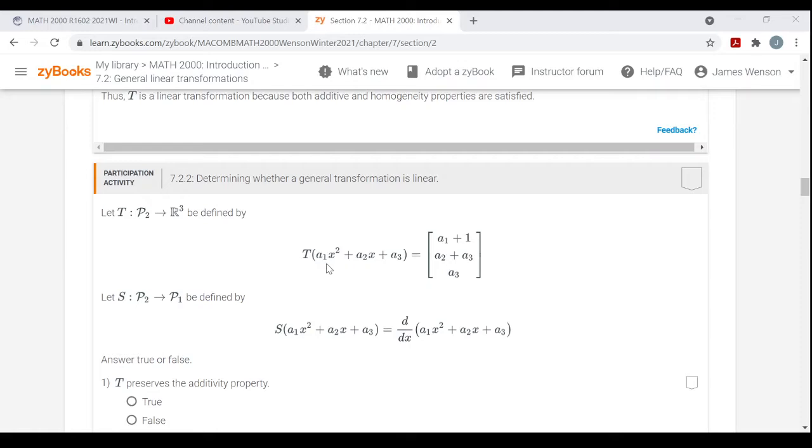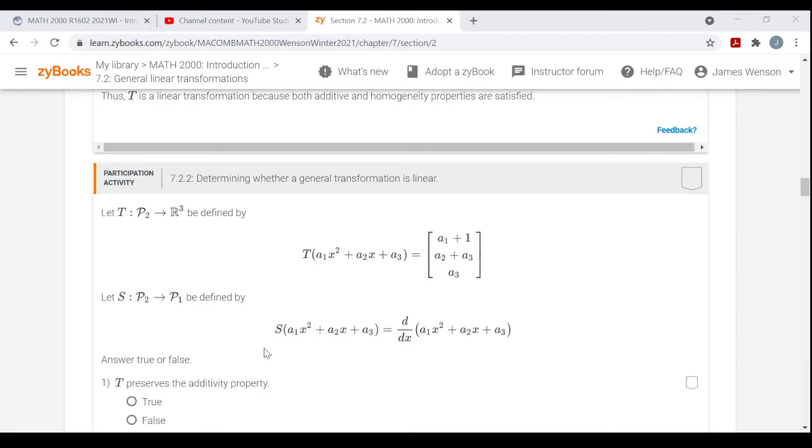My polynomial of degree 2 or less is plugged in, and the output is a 3-component vector. See, this first component is 1 times a1 plus 0 times a2 plus 0 times a3, but then you've got this plus 1 here. That throws everything off. So this first component is not a linear combination of the input components, so this is not going to be a linear transformation.